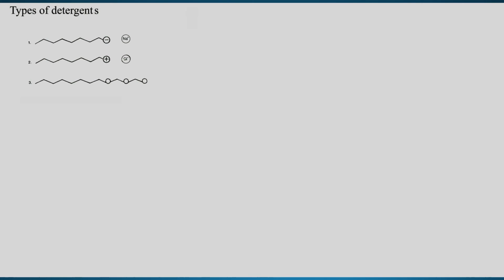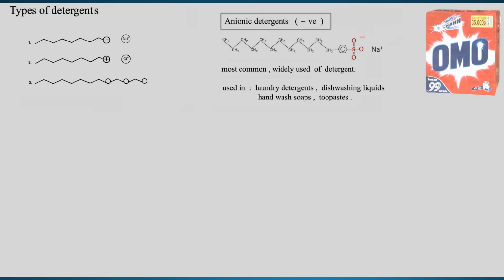There are many different types of detergent nowadays. They have the negative charge detergent, the positive charge detergent, and the polar detergent. The negative charge detergent is the one we just mentioned, called anionic. Anionic detergent is the most commonly used.